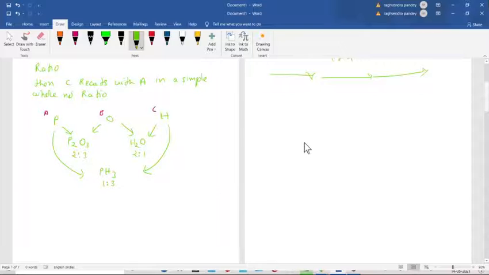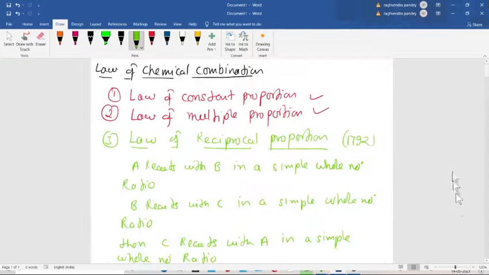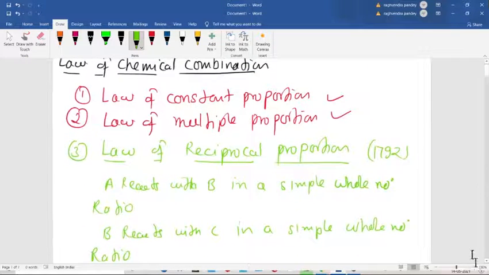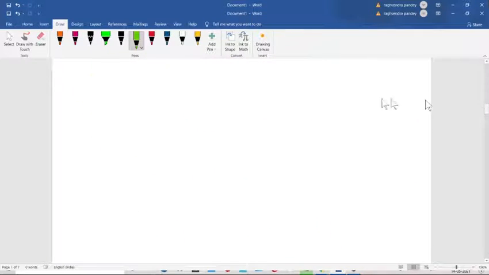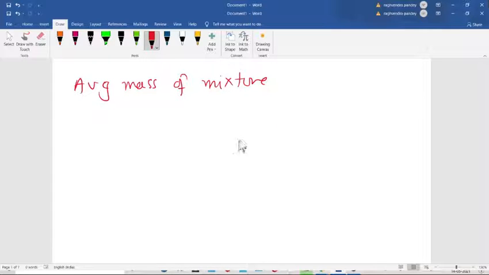Another thing I want to tell you is the average mass of mixture.